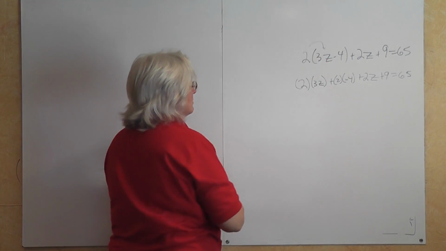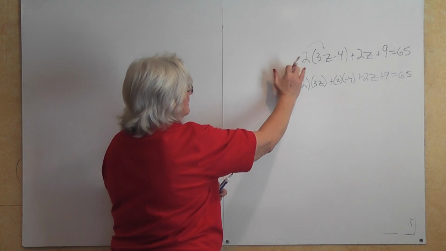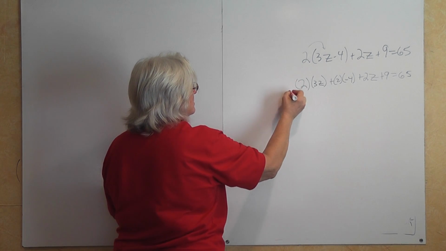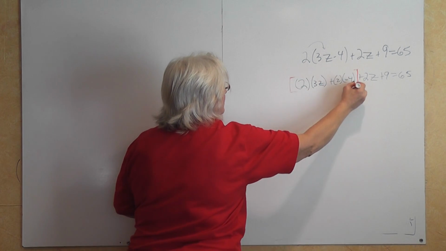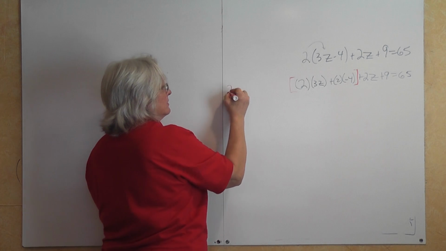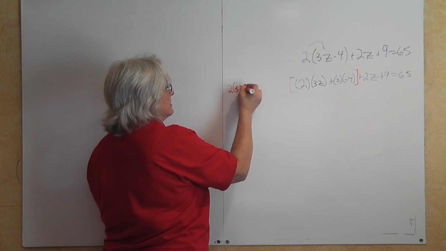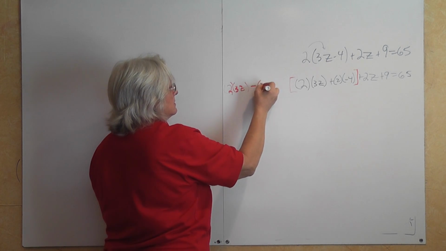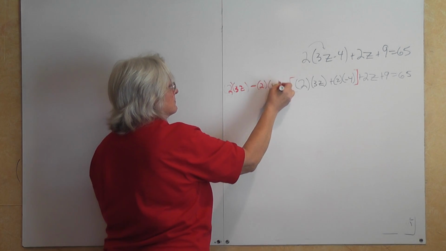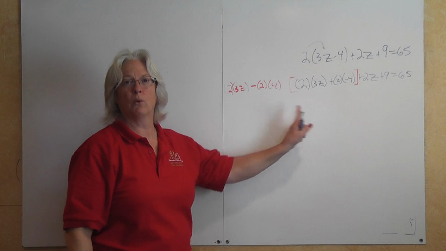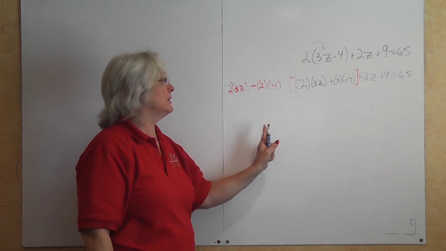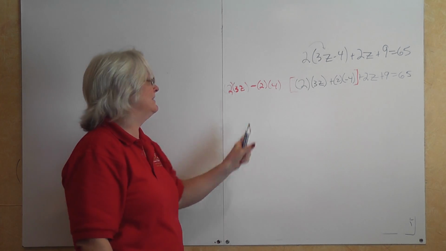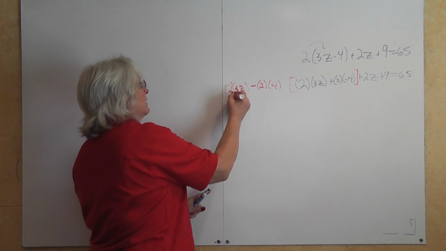distributive property of multiplication over subtraction, this here could alternately be written 2 times 3z minus 2 times 4. I want you to pause the video, make sure that you understand these two expressions here have the identical meaning.